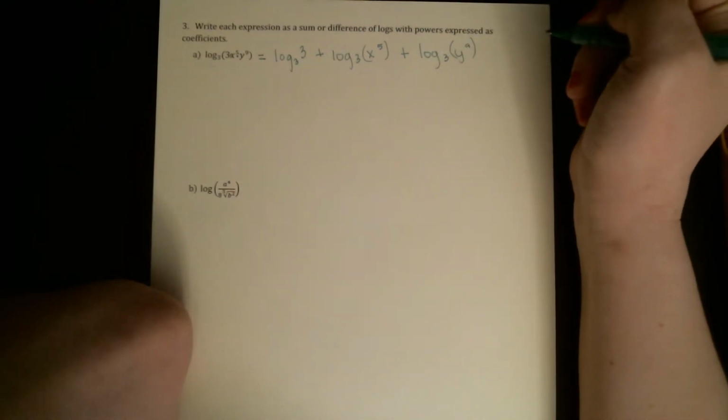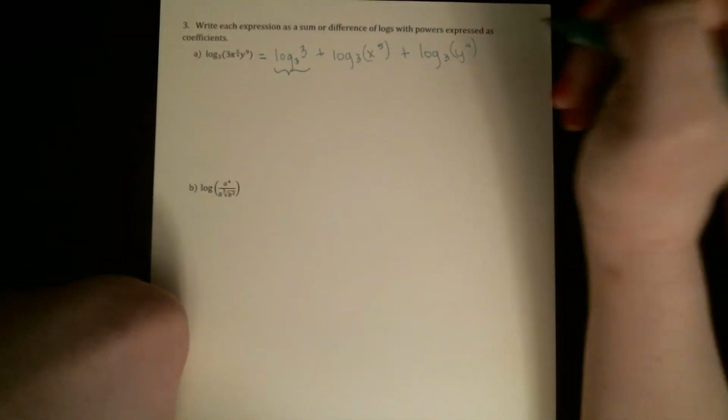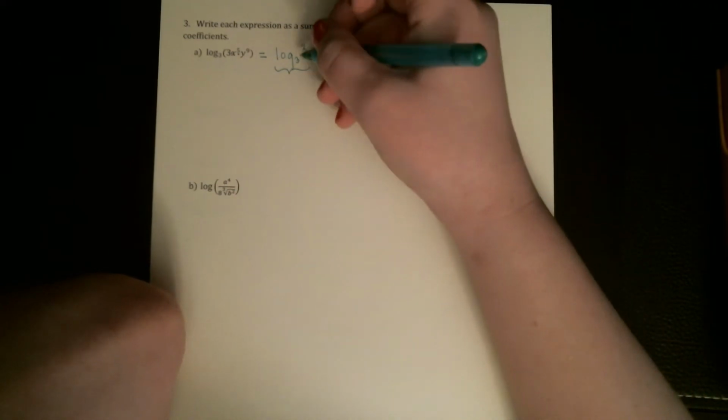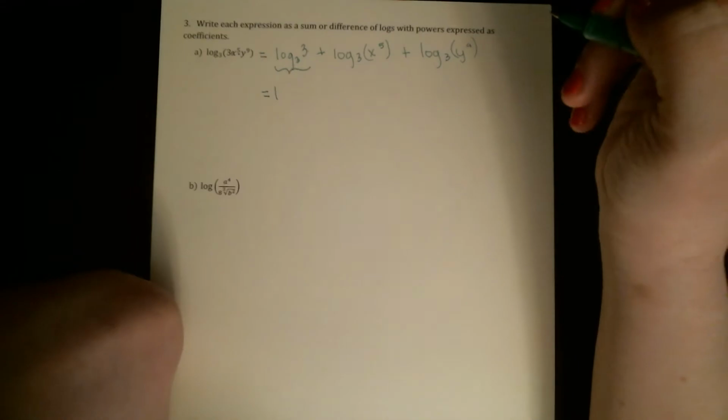And then I can improve on this a little bit. Log base 3 of 3, that's when I should just be able to evaluate. 3 to what power is 3 is the question that log is asking, and the answer is 1.